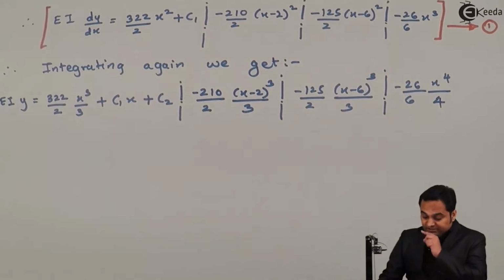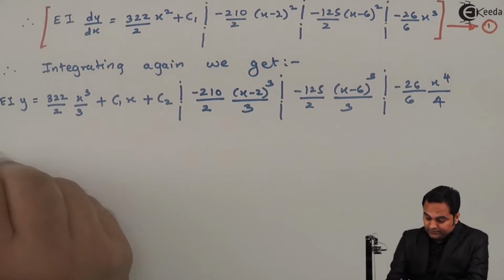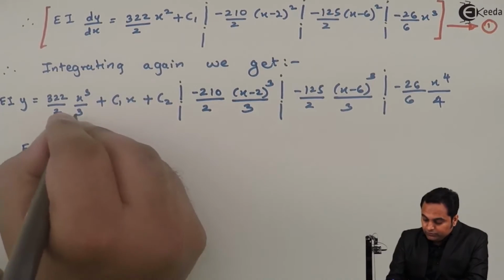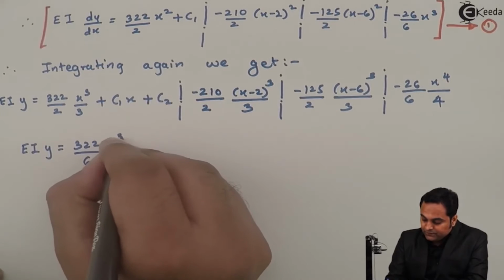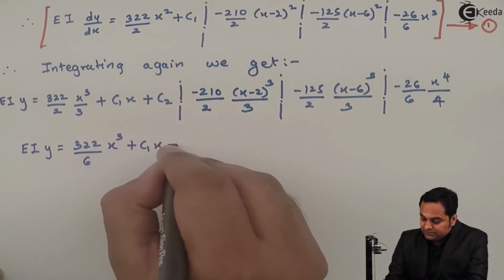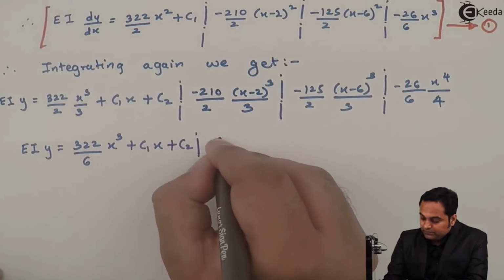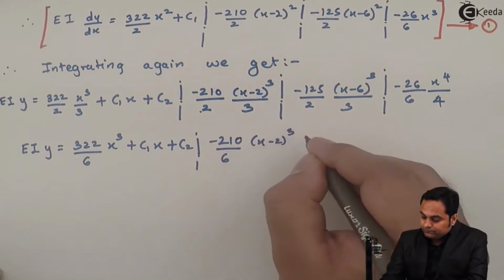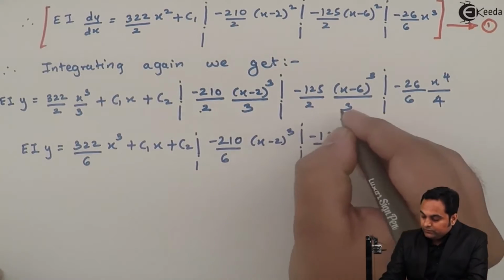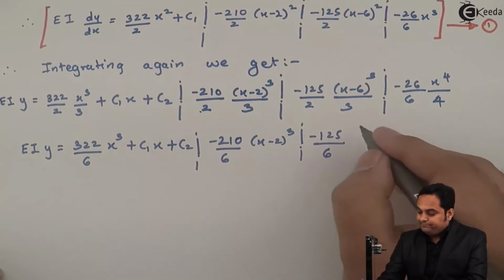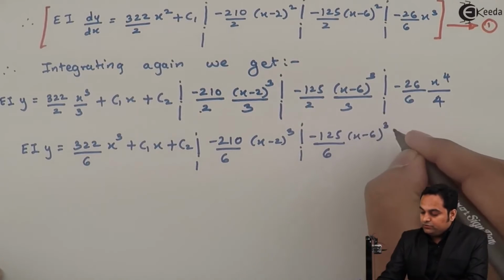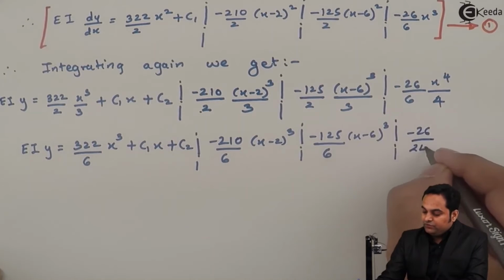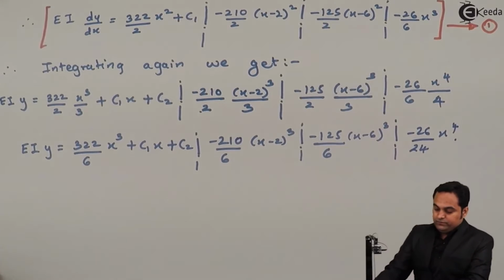So here I have integrated it again, then simplifying it, here we have 322, 2 into 3, that is 6, x cube plus c1 into x plus c2, then minus 210, this will be 6, then 2 into 3, that is 6, x minus 6 whole cube minus 26, 6 into 4, that becomes 24 x raised to 4.